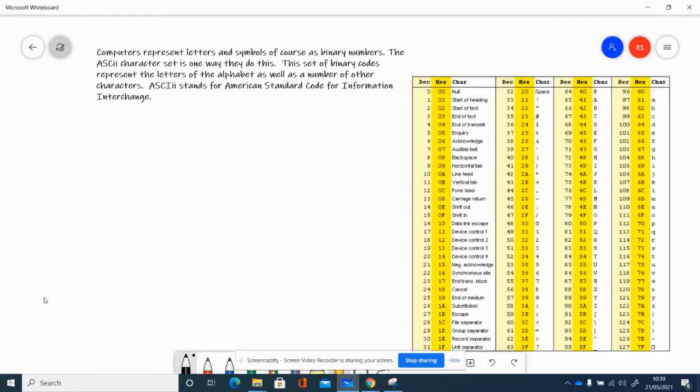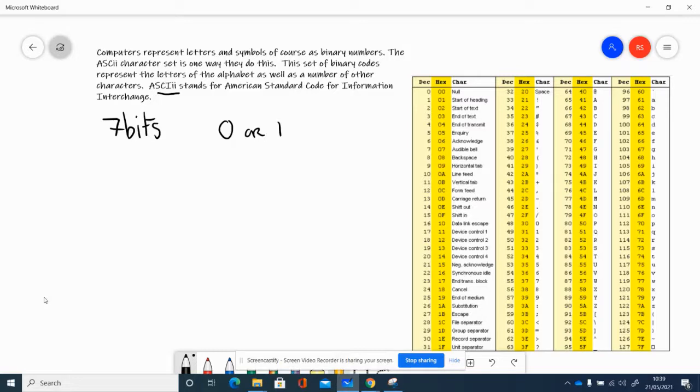So one way to represent text is called Ascii, and that stands for American Standard Code for Information Interchange. You don't need to remember that, but Ascii is the code scheme. What you do need to remember is that it uses 7 bits. And if you remember, a bit is just one binary digit, so that's a 0 or a 1.